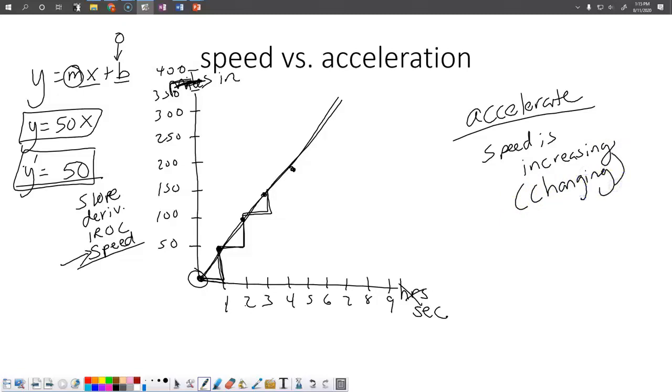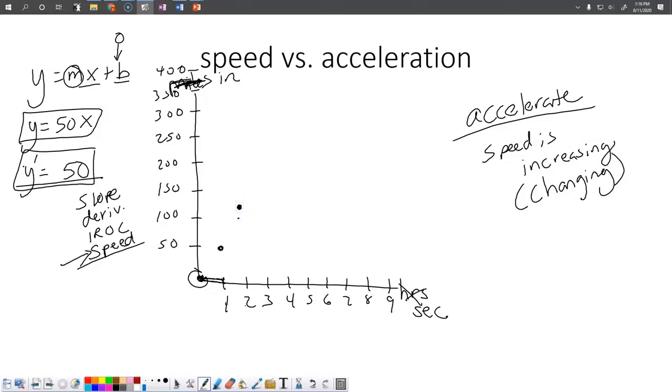Now let me ask you guys a question. If this is our graph for our bicycle going 50 inches per second, if we all of a sudden get to a hill, my graph won't look like this anymore. Can you visualize what the graph will look like if we start coasting down a hill? At first, after the first second, maybe you will just be going 50 inches per second. But after another second, you start to go a little bit faster. So after the second second, instead of going 50 more, maybe you went a little bit more than that.